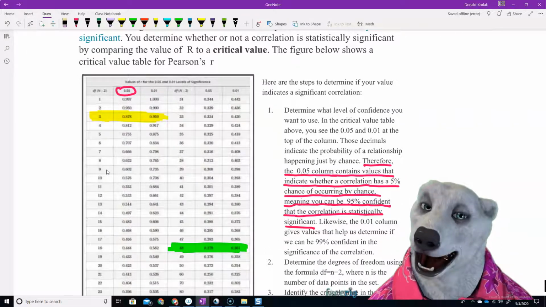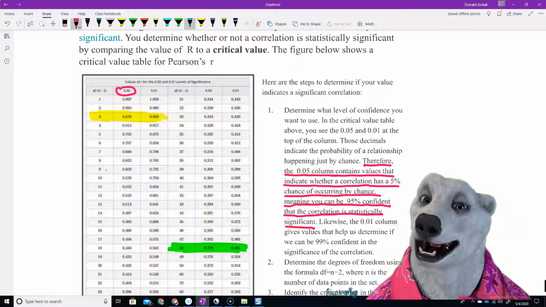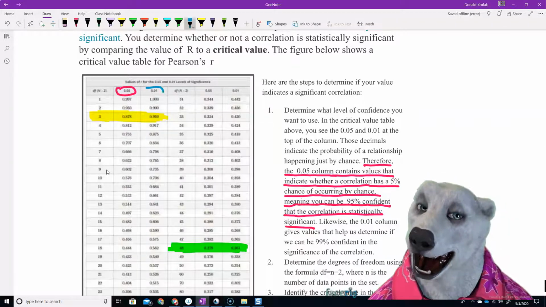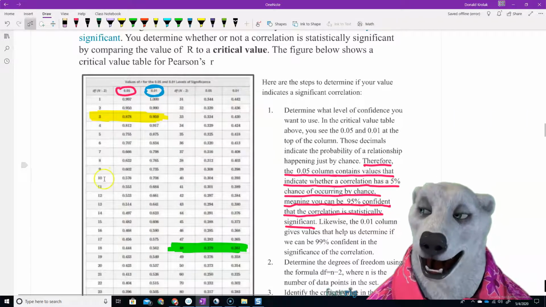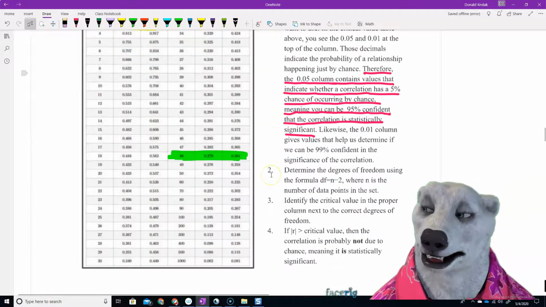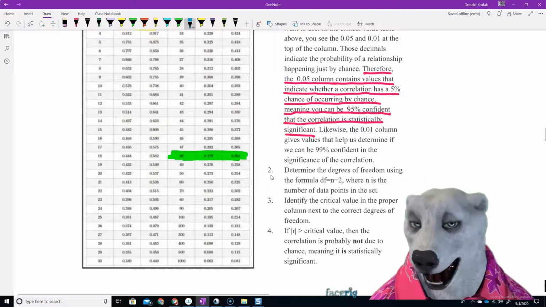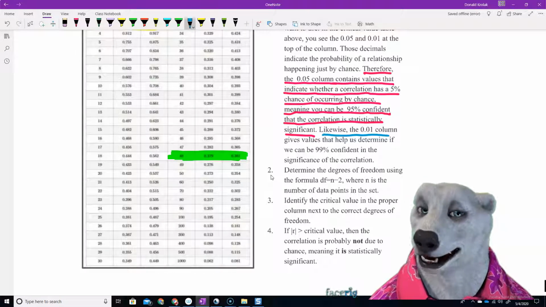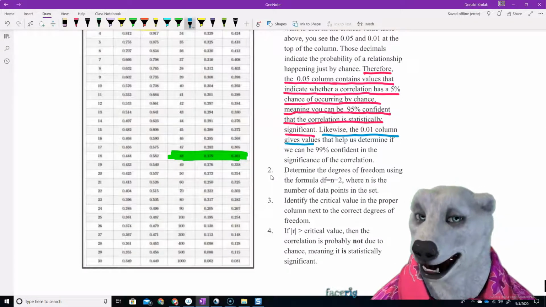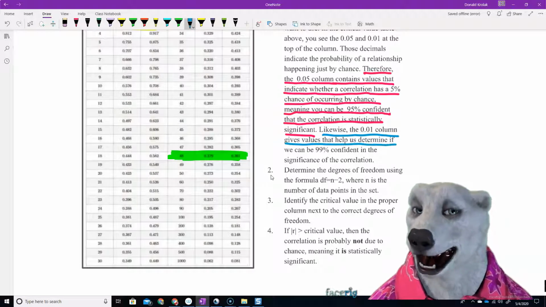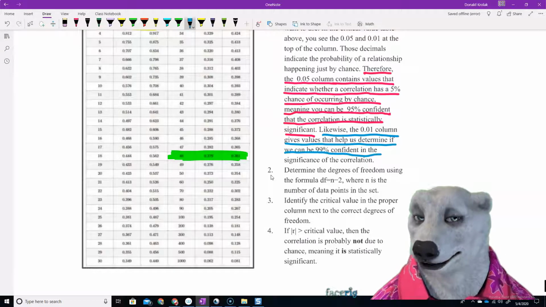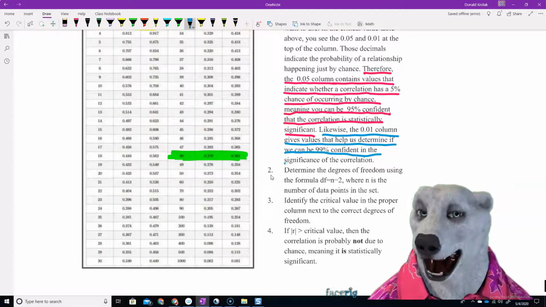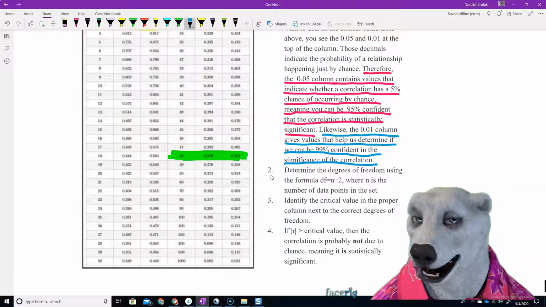Now you can even tighten that up better. You could go to a confidence level of 0.01. What that means is the 0.01 column gives the critical values that help us determine we can be 99% confident in the significance of our correlation.